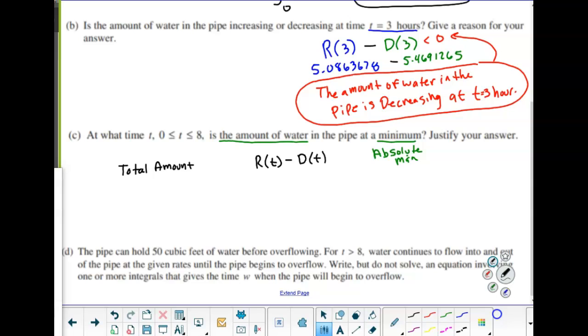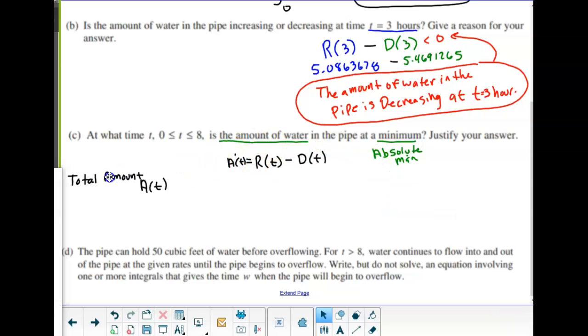Now, if I call the total amount A of t, this is the difference of the rates. Is this total amount always supposed to add in 30? Not yet. Watch what happens.